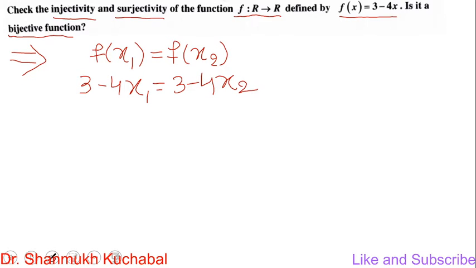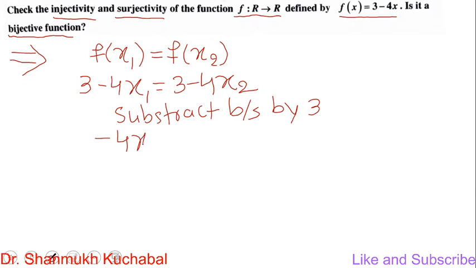Further, on both sides we can subtract 3; then plus 3 minus 3 cancels, and we get -4x1 = -4x2. Further, we divide the entire equation by -4, then -4 cancels, and x1 = x2.